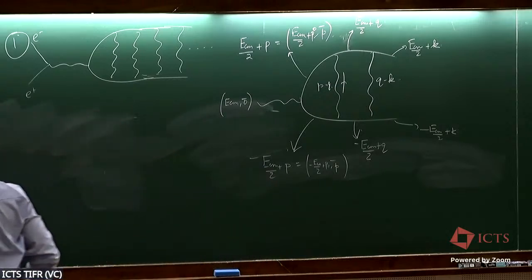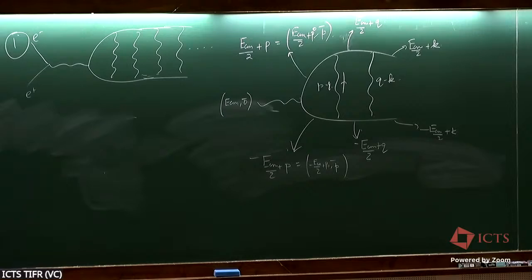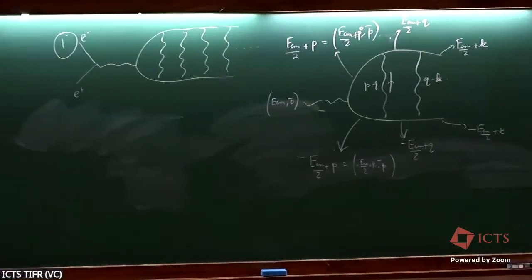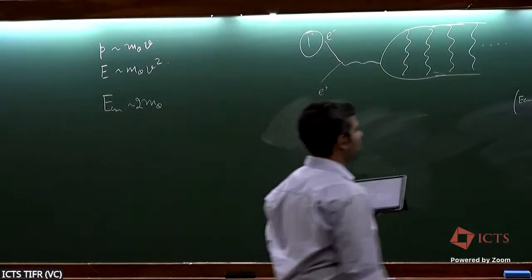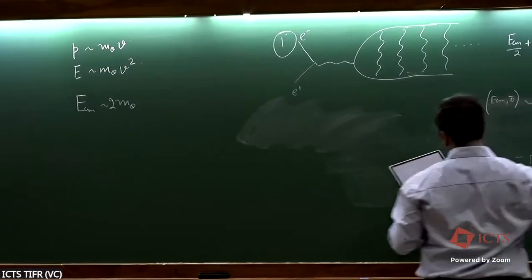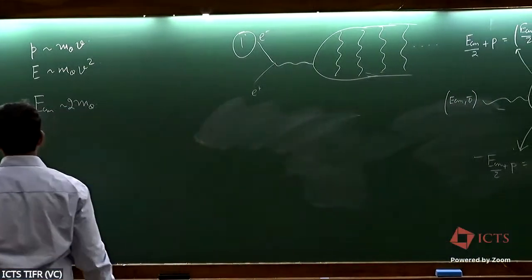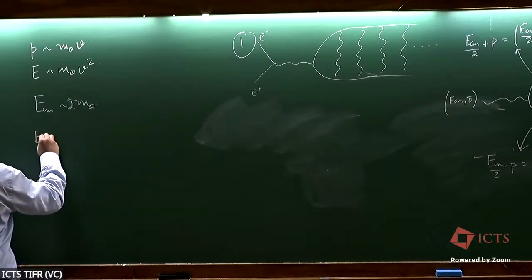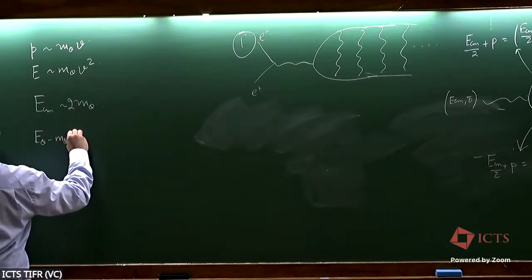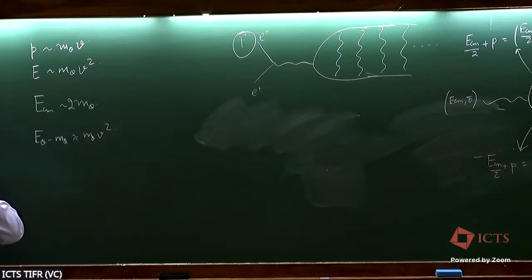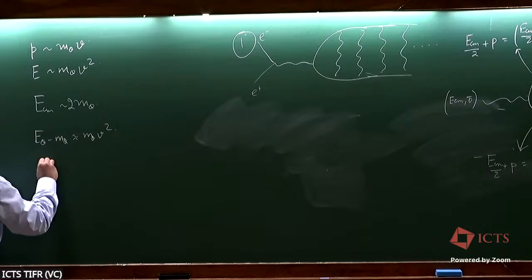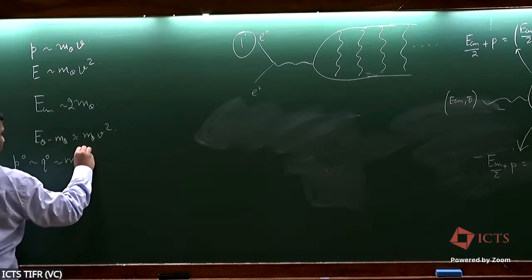Things to note: E center of mass is roughly twice M_Q because I'm creating this pair of e+ e-, which is generated by these lines here. E_Q minus M_Q is again at the order of M_Q v^2. And for the momentum loop, take Q0, P0 to be of order M v^2.